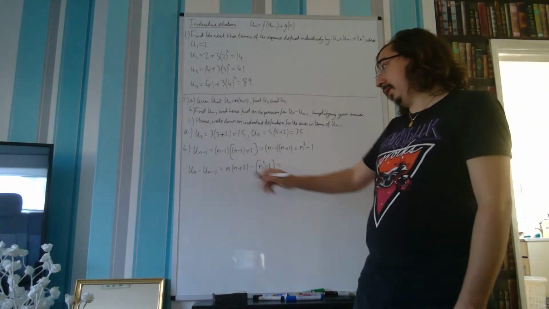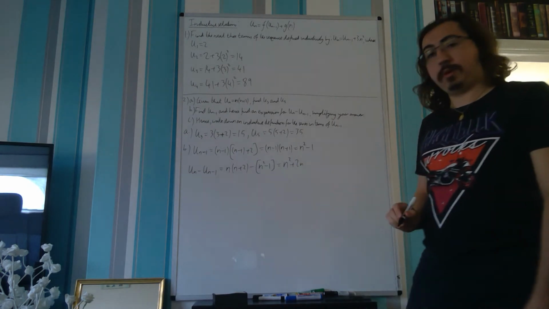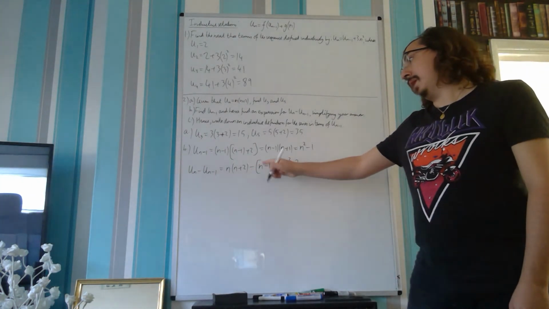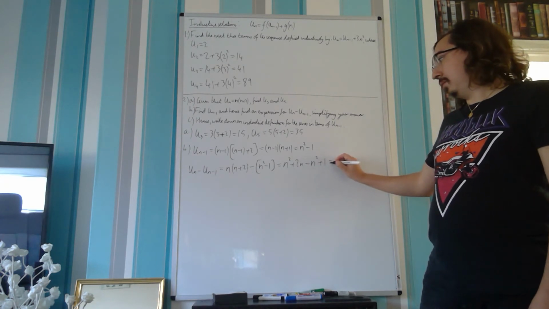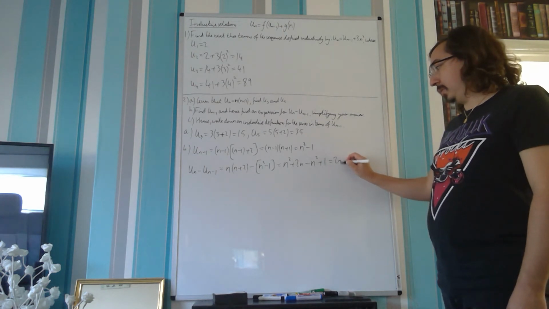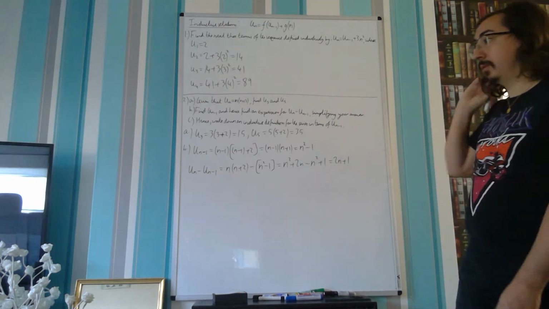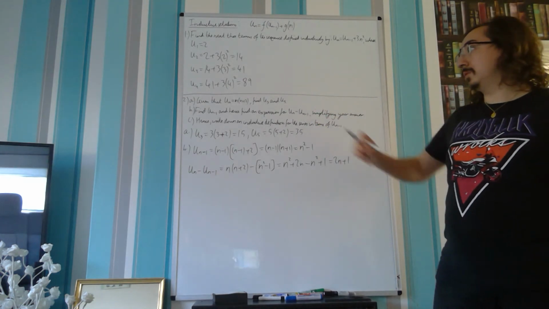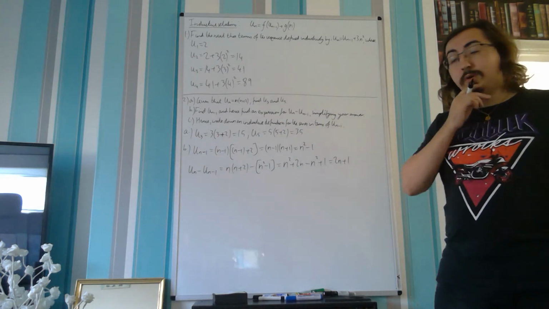If we expand the brackets, we have n squared plus 2n. And if we take this minus into account on both terms, we have minus n squared plus 1. The n squareds cancel, leaving you with 2n plus 1, which is a linear expression. And that's our final part for un minus un minus 1 in its simplified form.